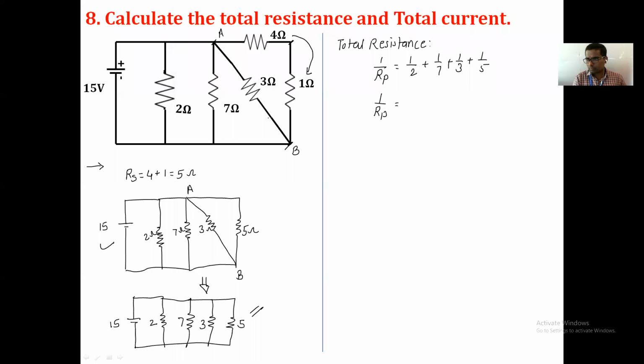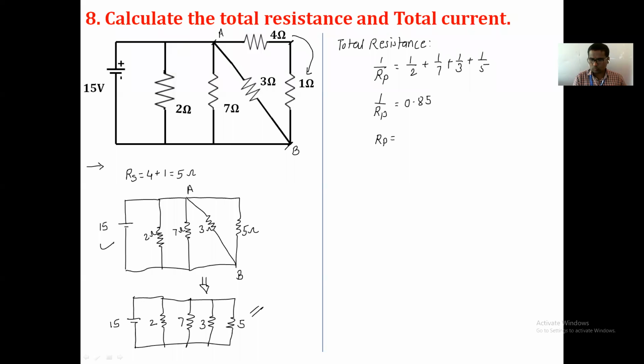I want it in terms of decimal. Give me the answer in this way, 0 point something or 1 point something like that. 0.85.